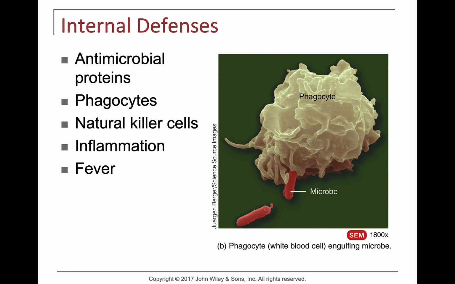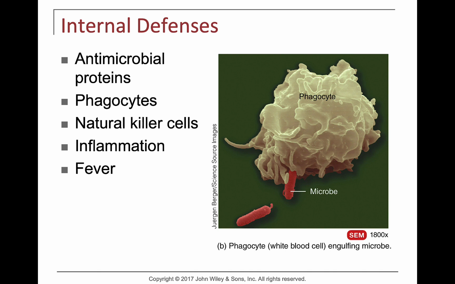Now, once things get past those external defenses, then your body has some more non-specific responses that can attack things regardless of what it is, just because it is foreign. So antimicrobial proteins, phagocytes, natural killer cells, inflammation, and fever are the ones that we are going to review, the internal defenses in this video.